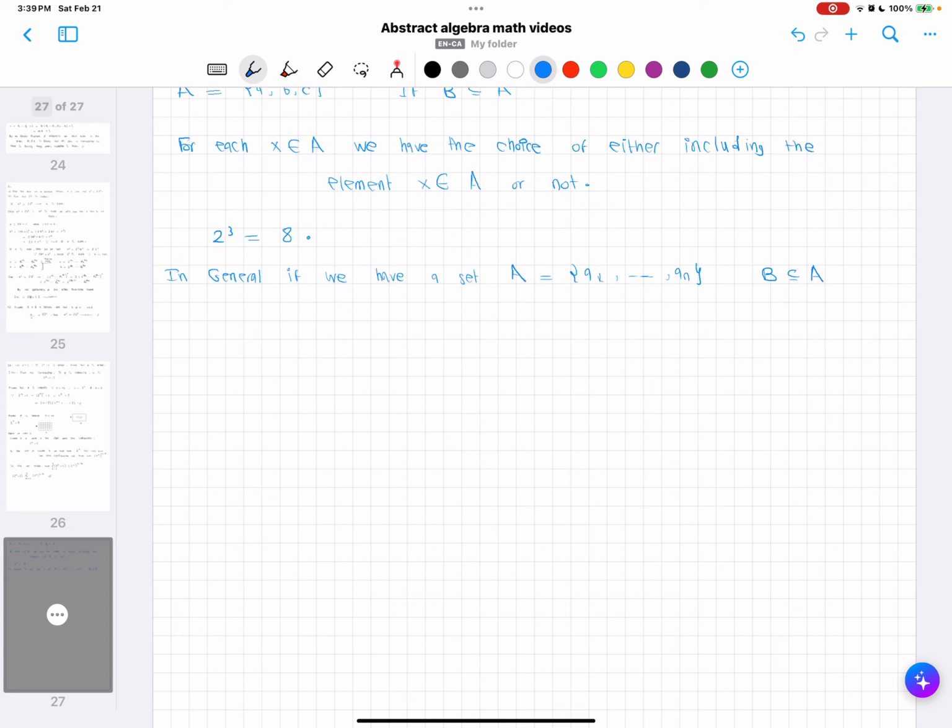So there is 2 choices for each element of A, and A has n elements. So in total, there is 2 to the power of n possible ways of constructing subsets of the set A. So the power set of A, the size of that is 2 to the power of n, where n is equal to the size of A.